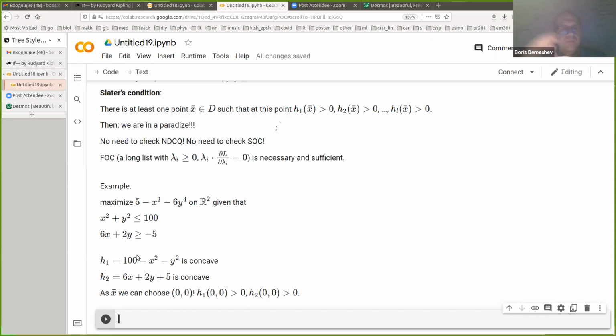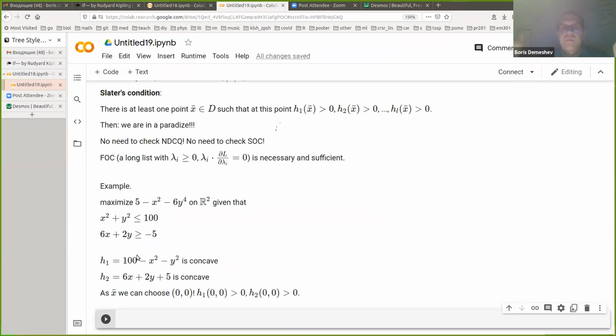They are the same. But do not forget that as we have inequality constraints, the lambdas should be non-negative and lambda times dL d lambda should be 0. So I just write the first order conditions and solve them. I don't care about the constraint qualification. I don't care about second order conditions.